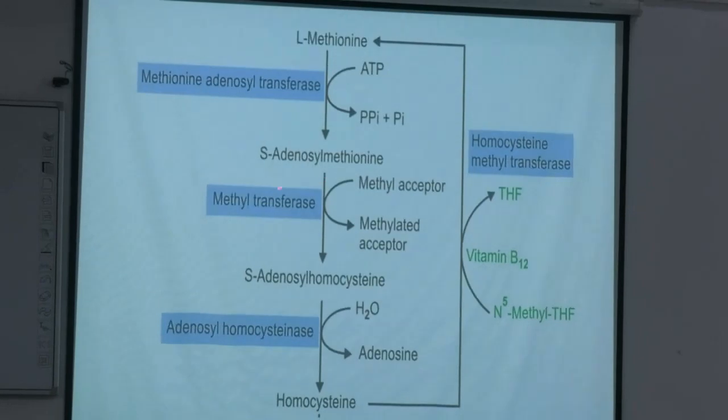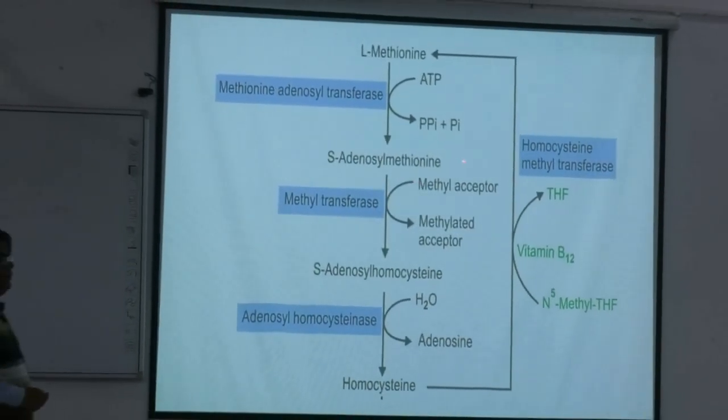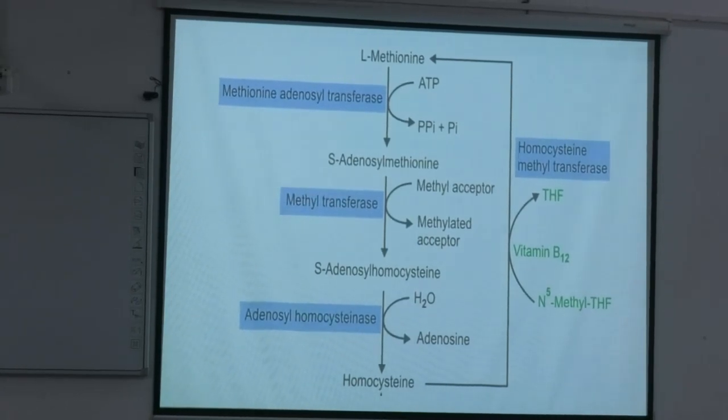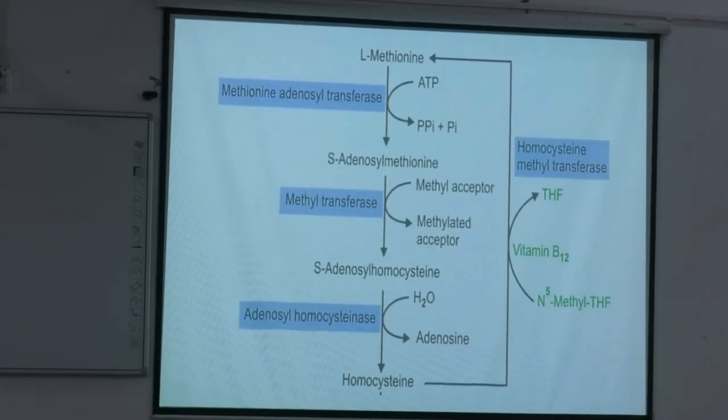Now L-methionine is converted into S-adenosylmethionine, and in the next steps, as I already told you, it is converted into S-adenosylhomocysteine, and lastly into homocysteine, and this homocysteine is again converted into methionine.